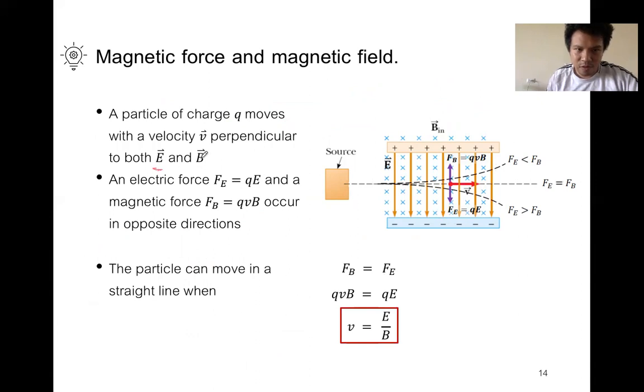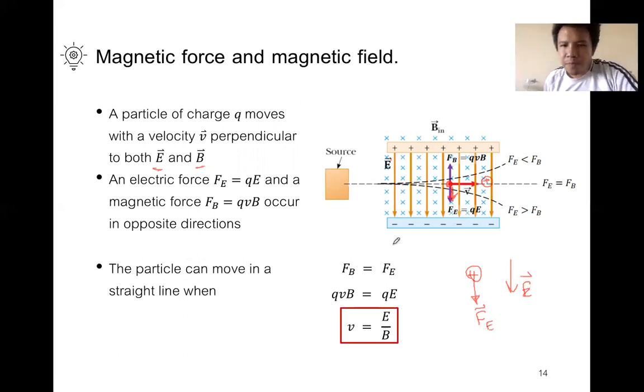With the electric field coming down, you have the Fe, or electric force, coming down in the case that your charge is a positive charge. With electric field E, the force Fe will be in the same direction.